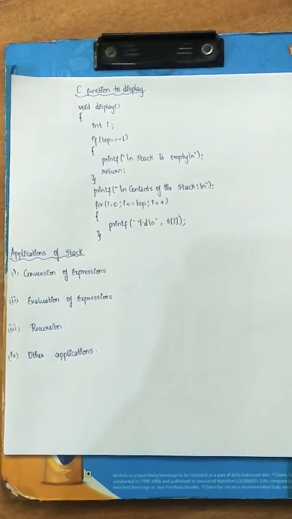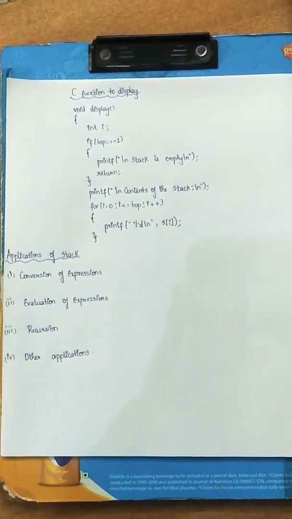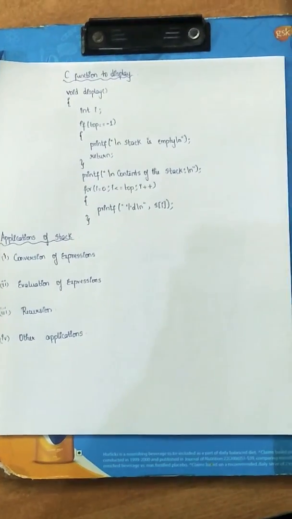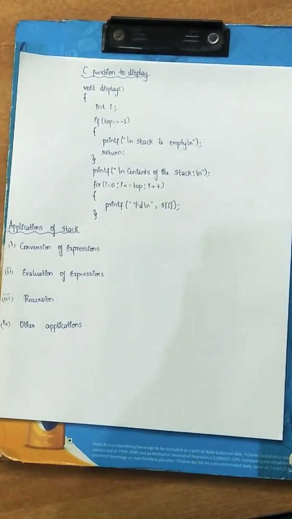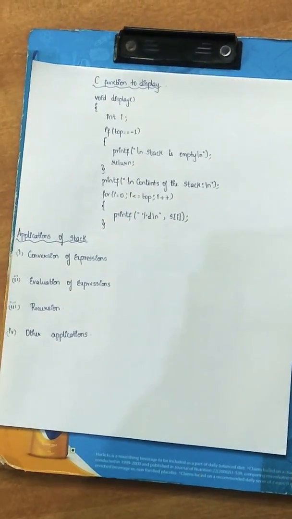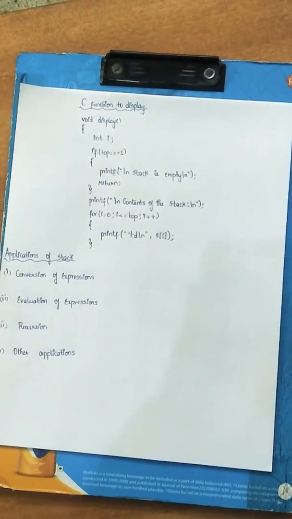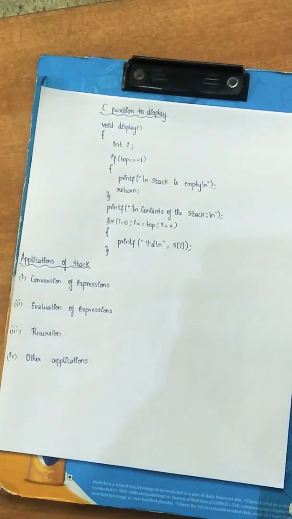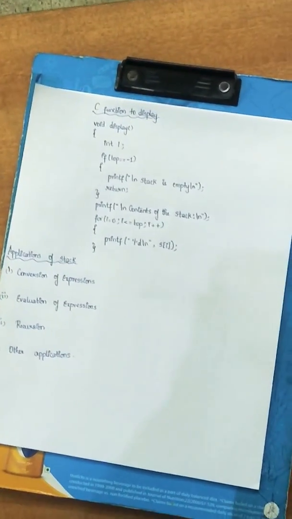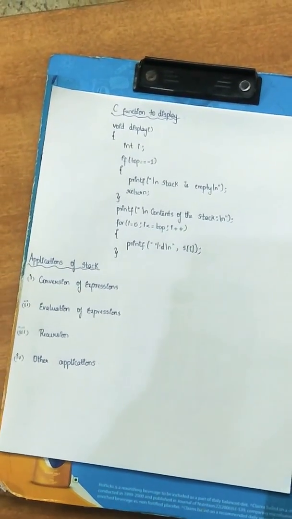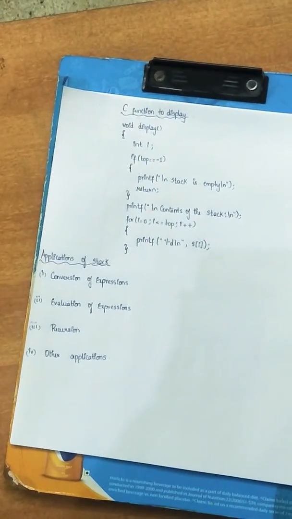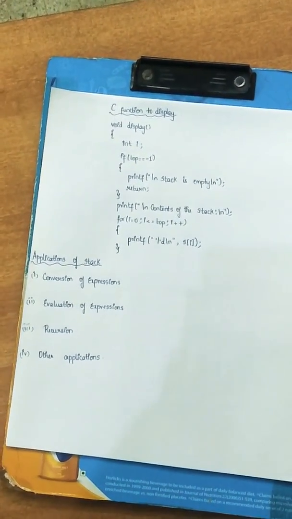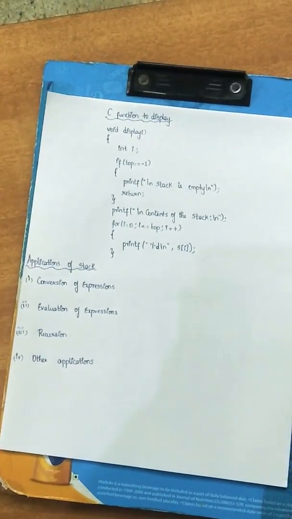To give a quick glance, there are three types of expression: infix, postfix and prefix. They require conversions like infix to postfix, prefix to postfix, and so on. We will also study which type of expression is more beneficial and efficient. The second is evaluation of expressions, such as postfix evaluation, which will be seen further.